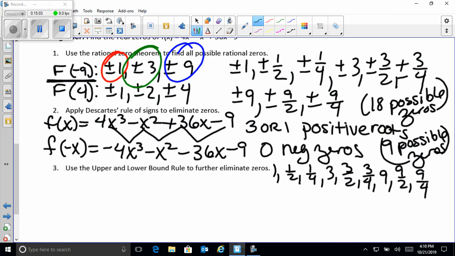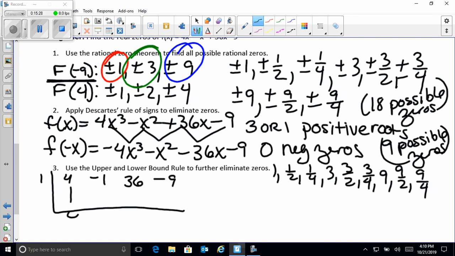I'm going to see if I can find a boundary. I'm going to go with 1. I'll start with 1. If I eliminate everything below it, that's a couple that I can eliminate, so if it's a lower bound. Or if I eliminate everything above it, then that's also quite a few. So I'm going to go with 1. 4, negative 1, 36, and negative 9.